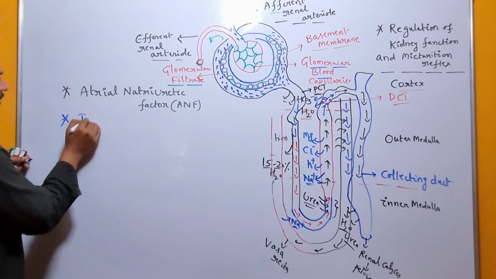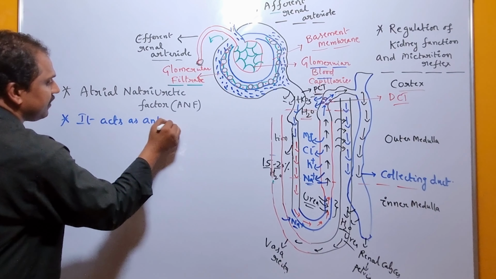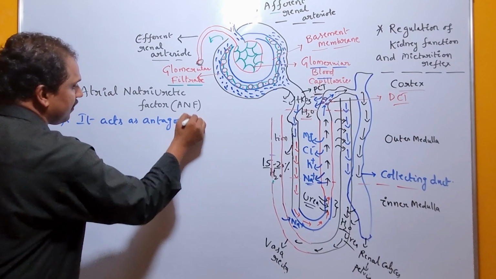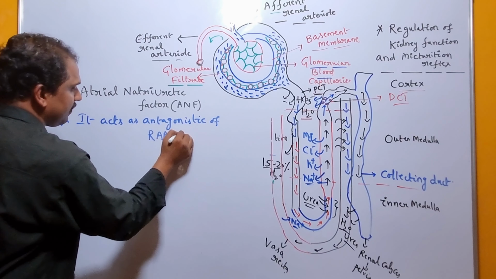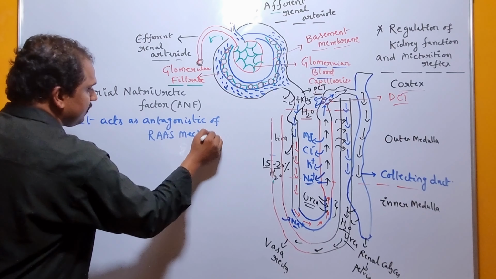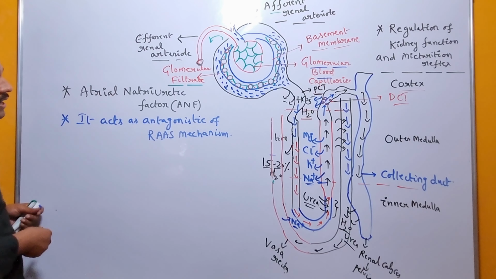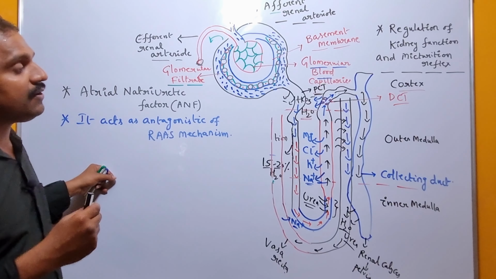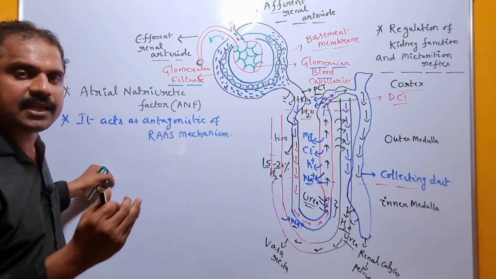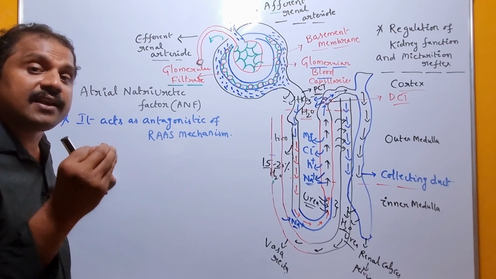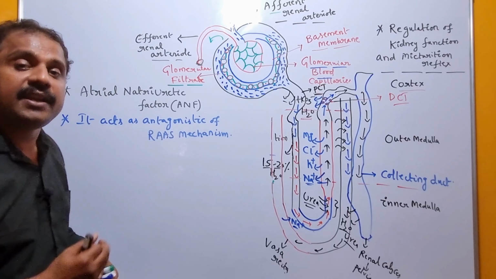It acts as an antagonist of the RAS mechanism. So in general, the juxtaglomerular apparatus is responsible for regulating the water reabsorption as well as the sodium reabsorption from the distal convoluted tubule. But the atrial natriuretic factor, in general, activates under very high blood pressure.